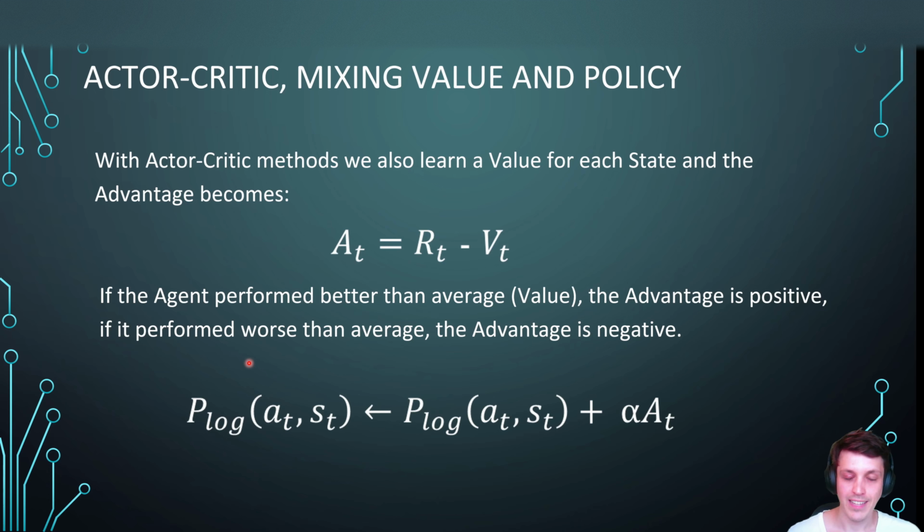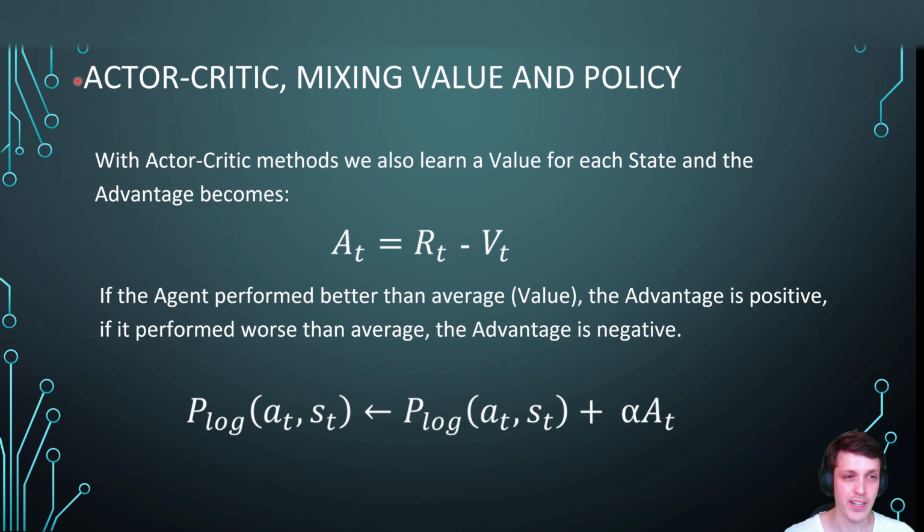Okay, so can we do any better than reinforce? Well, yes, we can. Actor-critic methods are policy-based methods, but they mix value learning with policy learning. All we're doing here is trying to work out a better way of calculating some advantage, a better advantage, right, than just the returns.